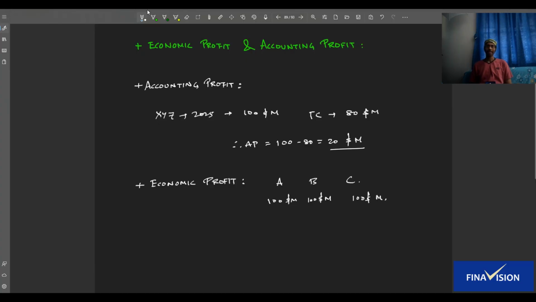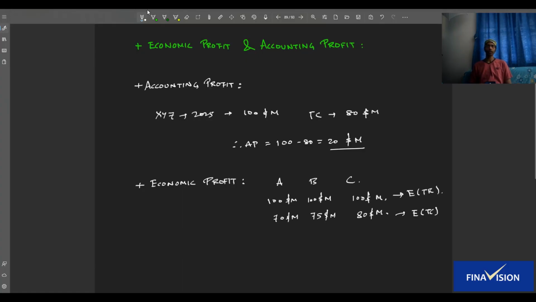And business A has a projected cost of 70 million. Business B has a projected cost of 75 million. And business C has a projected cost of 80 million. Right? 70 million, 75 million, 80 million. These are the projected or expected total cost. And these 100 millions are expected total revenues.